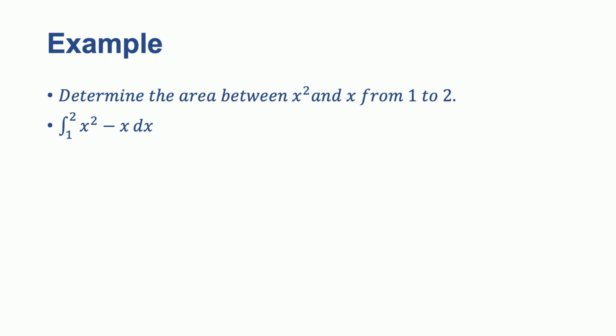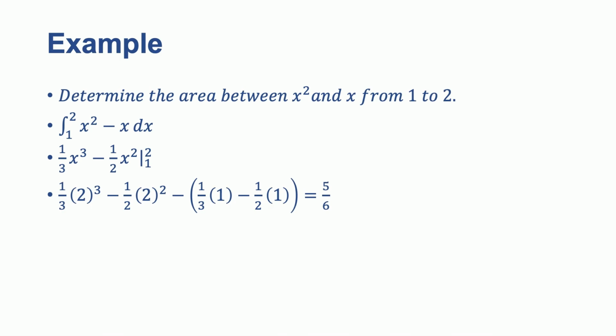As we know, these are simple power functions, so it will just take us to 1/3 x cubed minus 1/2 x squared. It's the power rule there, and we're evaluating that between 1 and 2. All right, now comes the tedious part in my opinion, unless you have a calculator.